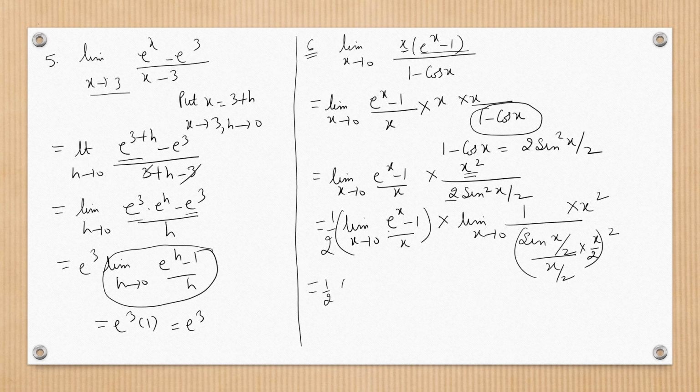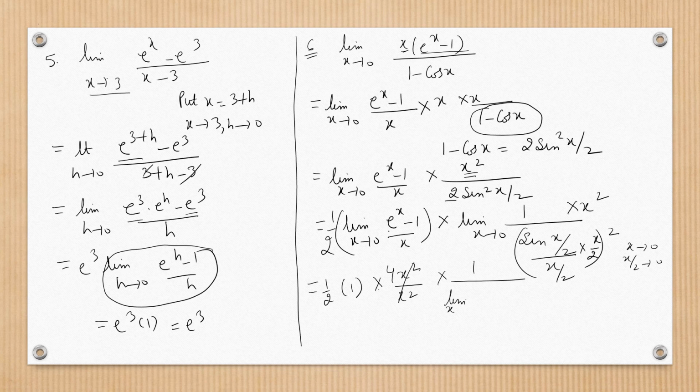This result is 1 into this x square, and from the bottom you will get, because this result will be just sine x upon x, but there is some extra thing with you, so it is x square by 4 in the denominator, which will come out as 4 upon x square. So this gets cancelled, and you can simply write it as limit as x approaches to 0, so x by 2 also approaches to 0.